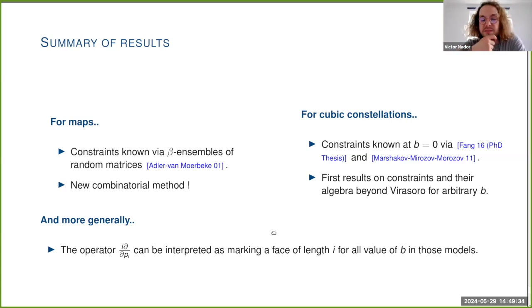So what this seems to hint at is that there should be a form of duality that holds on the generating series of constellations, extending the role of the faces and the vertices. But it should be more refined than a simple map-to-map duality.